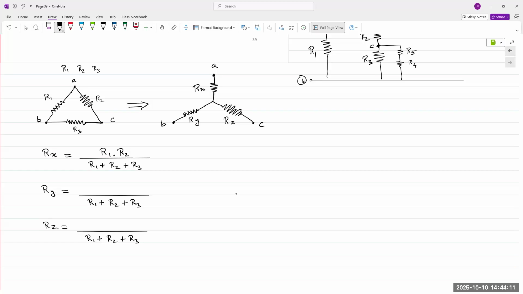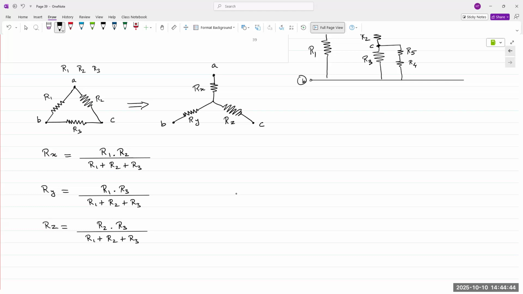Any answers? R1 and R3, or some murmurings and mumblings? How about Rz? There's only one combination left. R2 and R3. So we can easily calculate the values for the resistors in a Y combination.